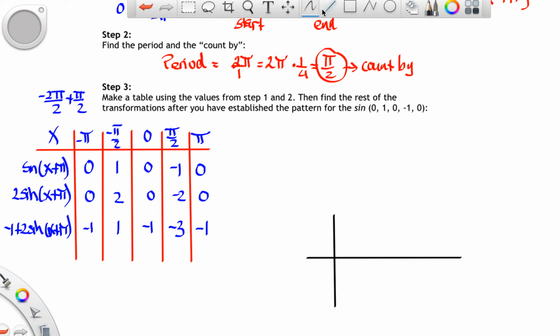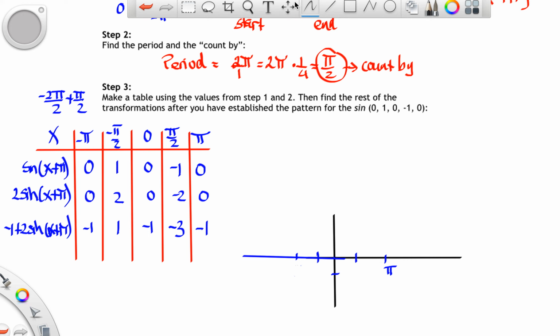So we actually started at a negative pi. So I need a little bit of space both to the left and to the right. And so if that's a negative pi over 2, that's a negative pi. Negative pi over 2, 0, pi over 2, and pi. And we're going to start at a negative 1. So we're going to start right there. That means that I should probably erase this.